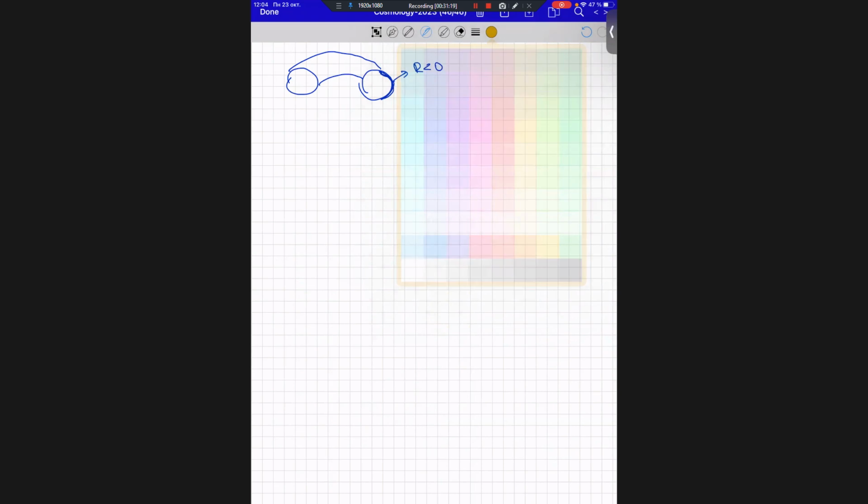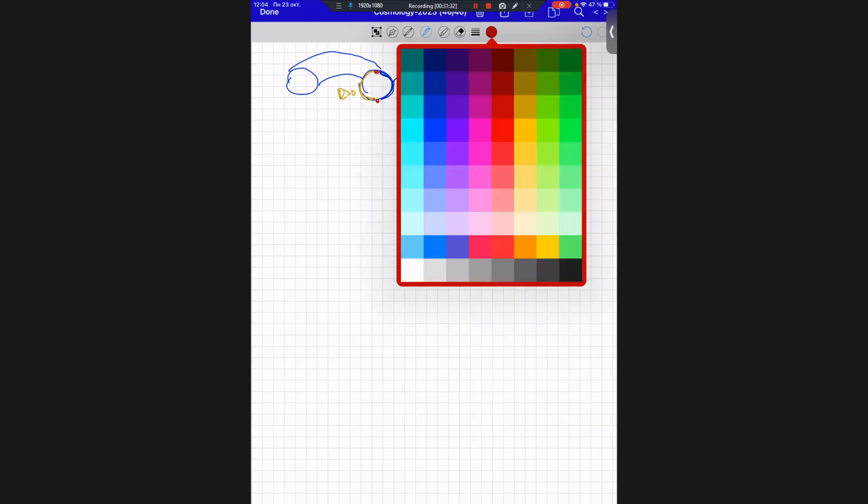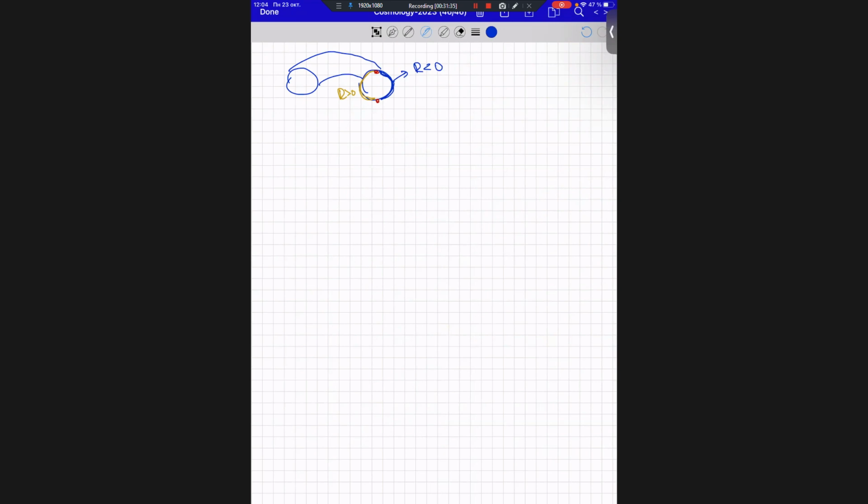On the inner side the surface has positive curvature, and in these two points the curvature equals 0. In principle, you already have enough knowledge to obtain the curvature of the toroidal surface, which depends on the angle theta.